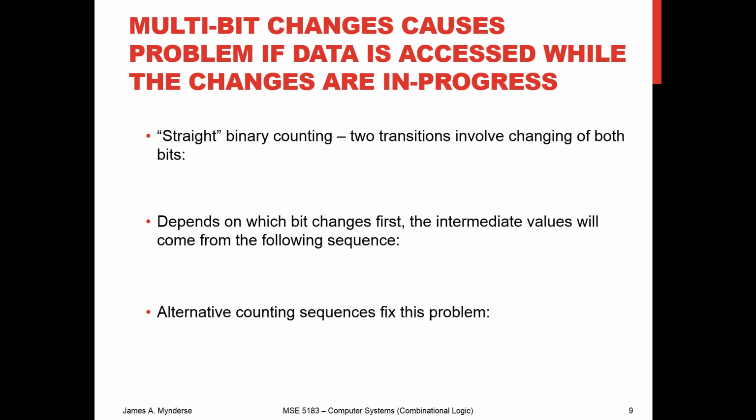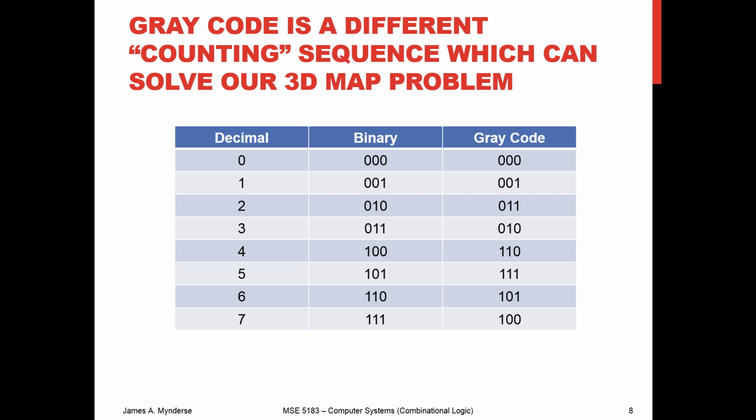Let's step back real quick and look again at our table of gray code values for the first 8 numbers. If you go through these, you'll see that each time only one bit changes from one value to the next. So as it's counting up, there's never a possibility of a bad read. Let's look at 3 to 4. You can see only one bit changes, the first bit from the left.